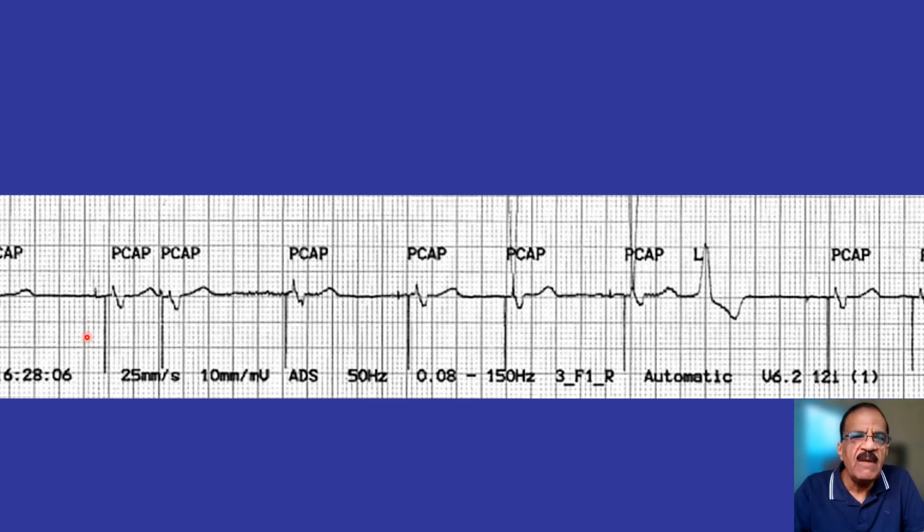Now you can see these are all paced beats because these QRS complexes are preceded by spikes, but this one is the natural automatic normal heartbeat. So here the pacemaker did not work because it was not needed.